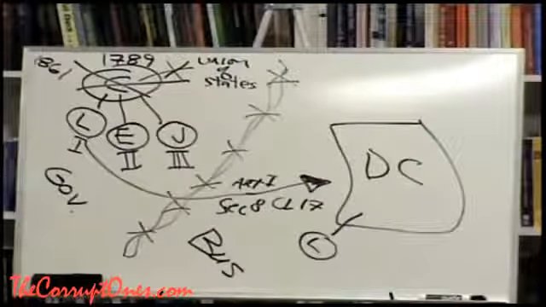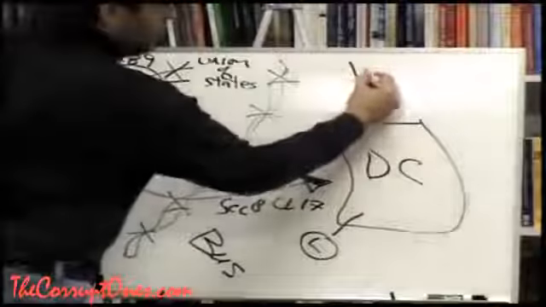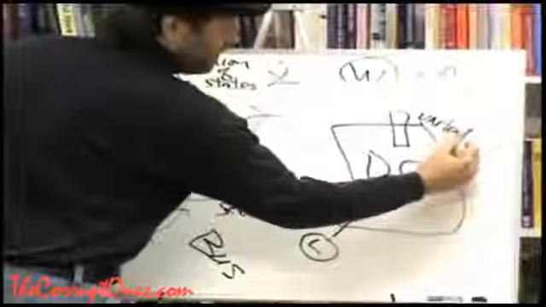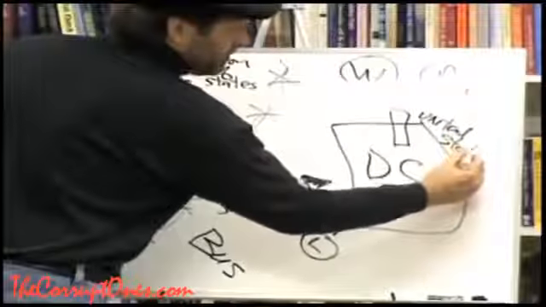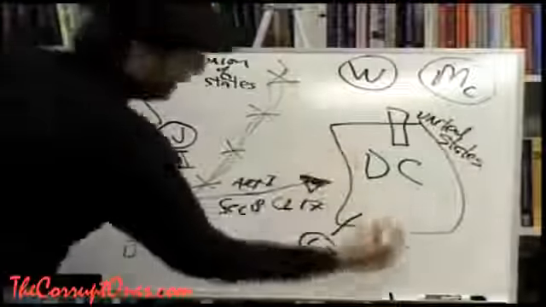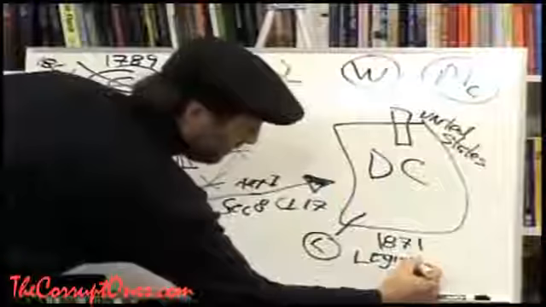Over here is Walmart, McDonald's, the United States. The United States is a private for-profit corporation. It was established in 1871. This here, this 10 mile square, is a legislative democracy.